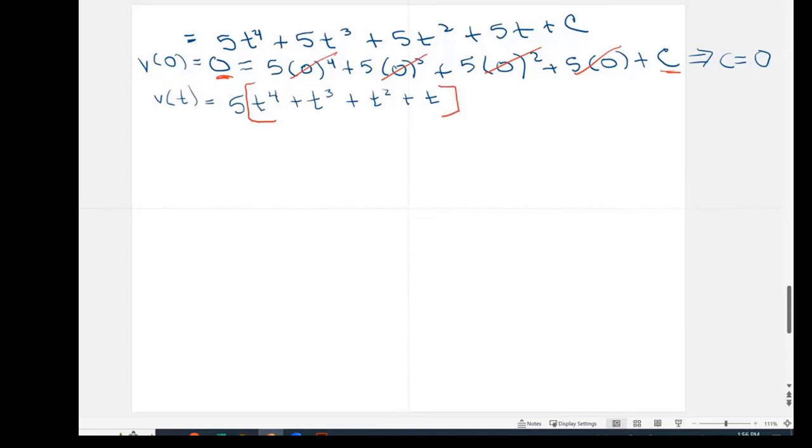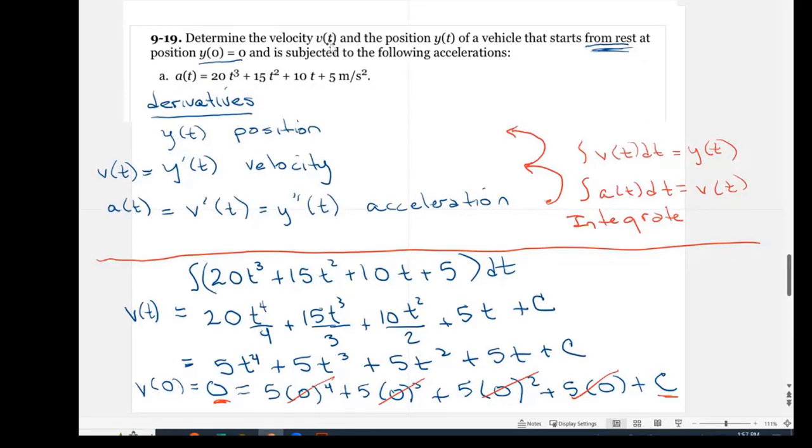But I'm not done because the next part of the problem says, I believe I have to find my position. Determine the velocity v of t and the position y of t. And again, it's telling me now for the next one, y of 0 equals 0.